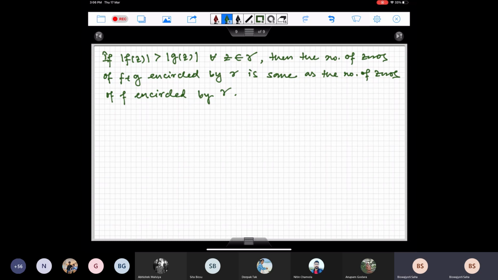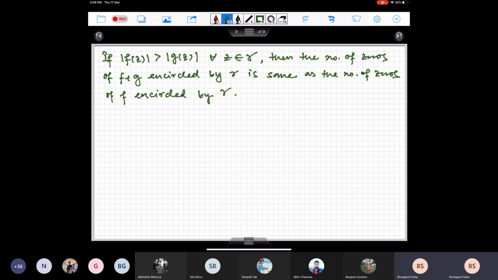Of course you can take larger and larger circles, and you will get that a polynomial of degree n will have at most n zeros. In fact, exactly n zeros, because z to the power n has n zeros. These are the kind of statements that one gets as an application of Rouché's theorem.